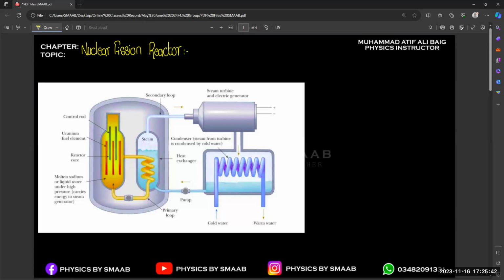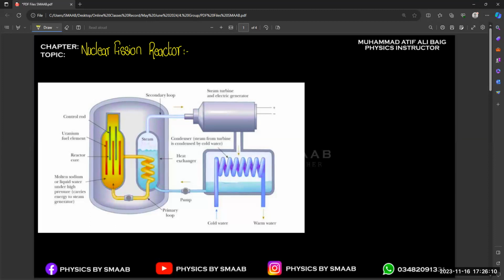The basic mechanism is very simple because you already know that we make steam from heat, and that steam helps the turbine to move and that generates electricity. Only the initial part, the fuel we are using for the reaction, is different. At that time, we used geothermal energy as a fuel, and this time we are using a complete nuclear fission reaction as a fuel. You can see that whole setup in the diagram.